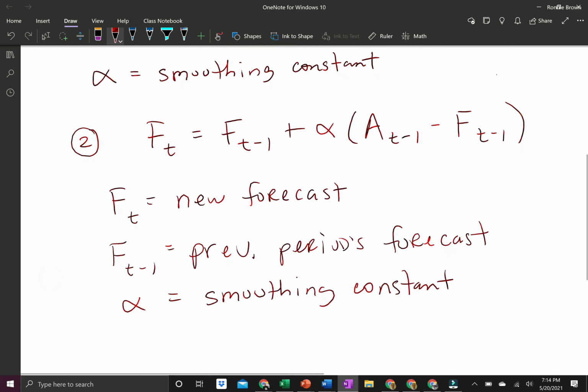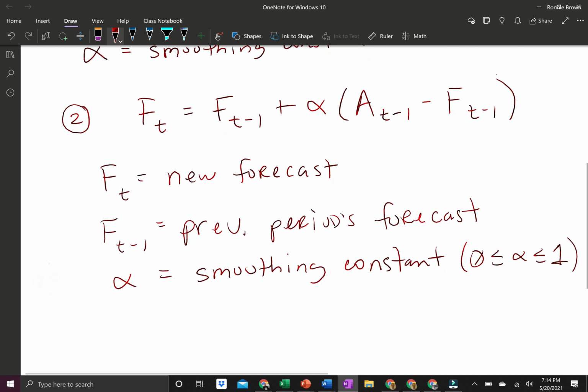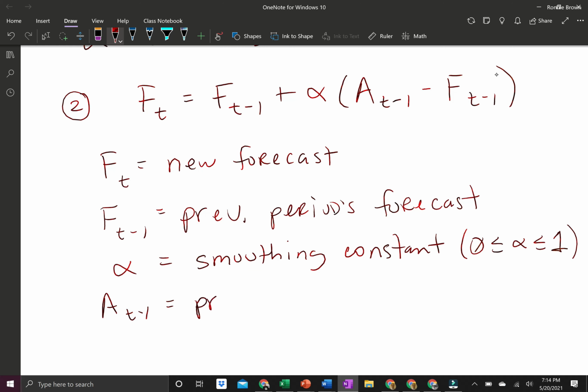And I think we just said that alpha is going to be between 0 and 1. And then lastly, a sub t minus 1 is equal to that previous period's actual demand.